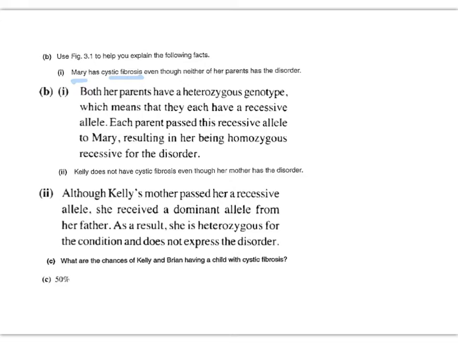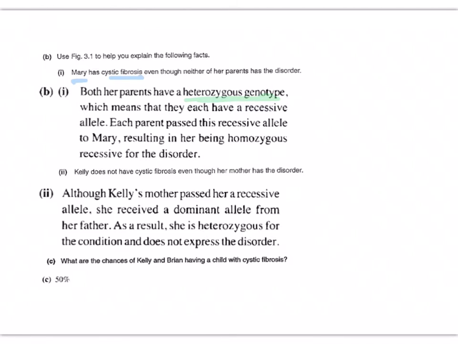Okay, let's do the working just for you. Big A, small a, big A, small a. Okay, said it wrongly. In fact, it has a 1/4 chance. Correct? So that's how Mary came about. Okay, so this is why there's some keywords here that you must have. So both her parents must have been heterozygous.